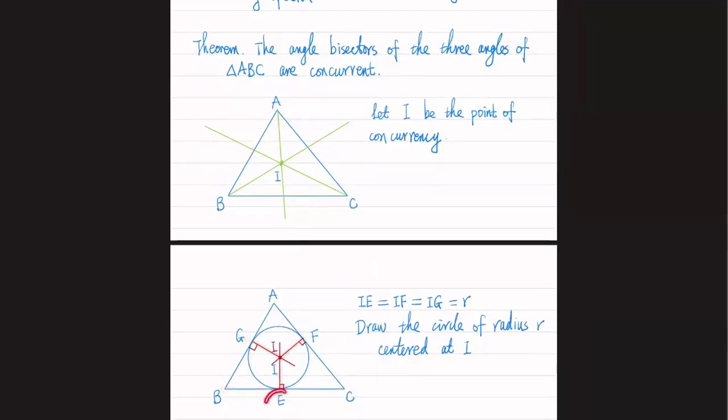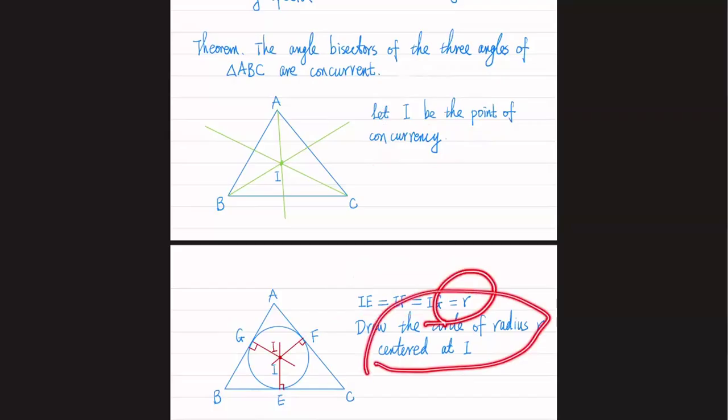We denote the intersection points E, F, and G. Then we checked these three segments. They all have the same length. Now we have a point, the point of concurrency, and the radius, so we can draw the circle.